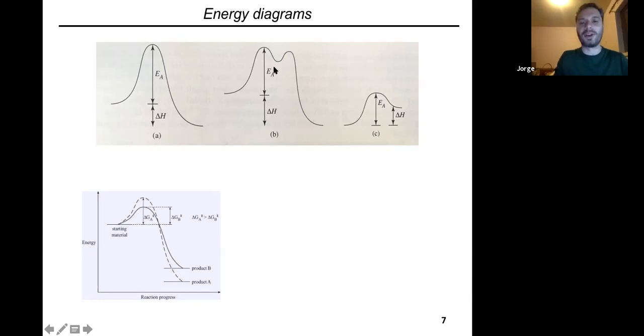So the presence of this kind of valley or depression here means that the reaction forms first an intermediate state and then goes to the second step and proceeds all the way to the end. Okay, so this reaction here needs to form an intermediate, is spontaneous and slow.